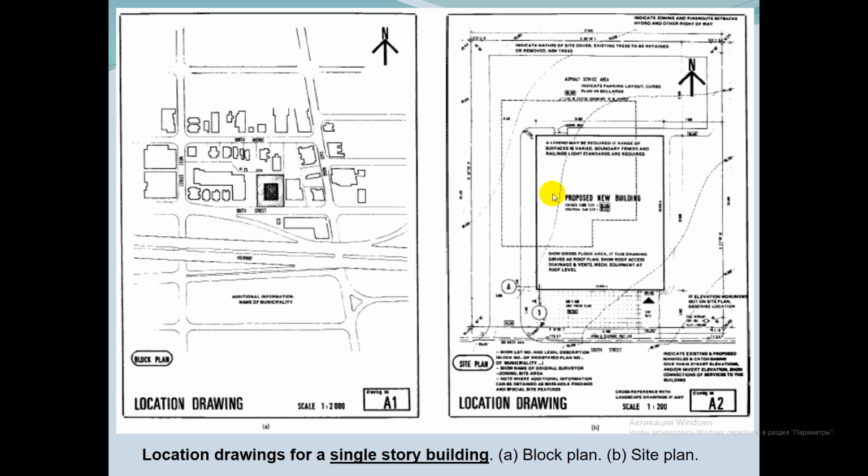And here you can see a site plan which gives existing and proposed elevations, key building dimensions, 16 by 20 meters, setbacks from front and side line, 5 meter and 7.5 meter respectively, parking area, walks, and so on.